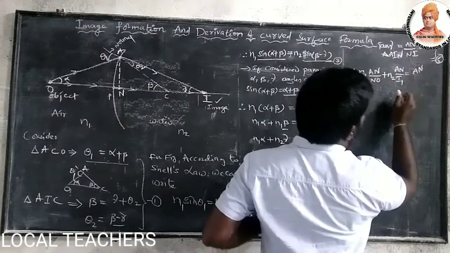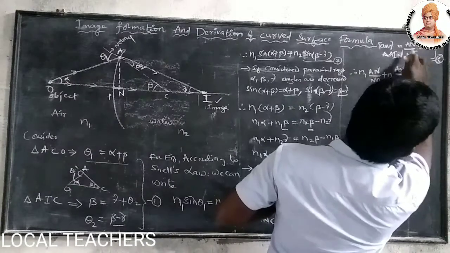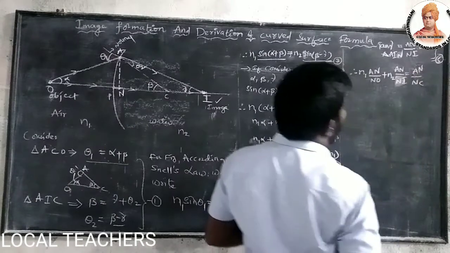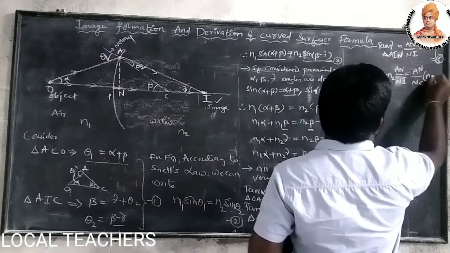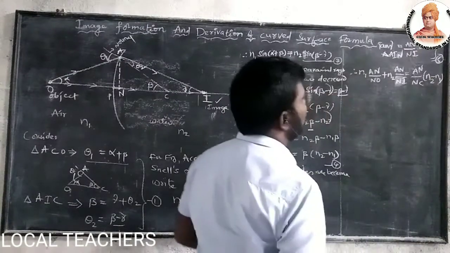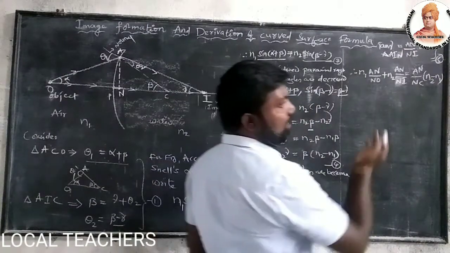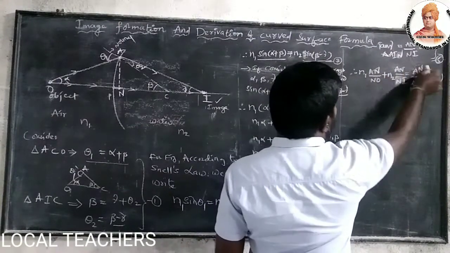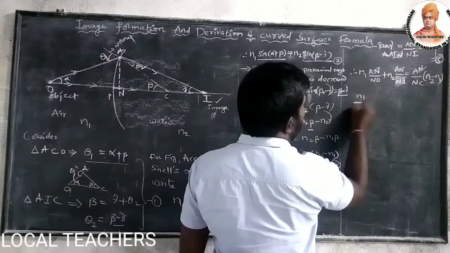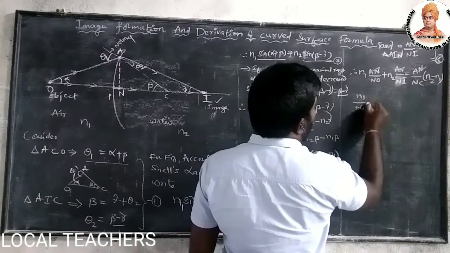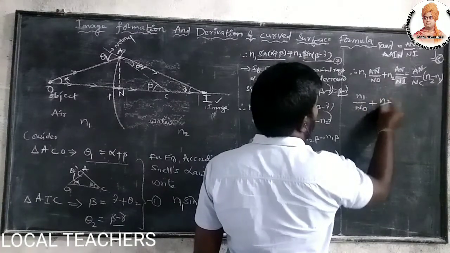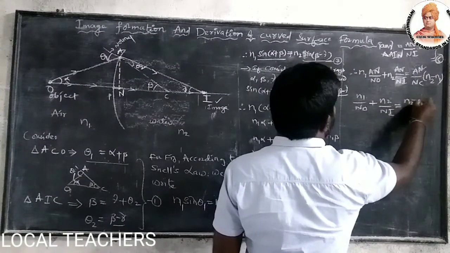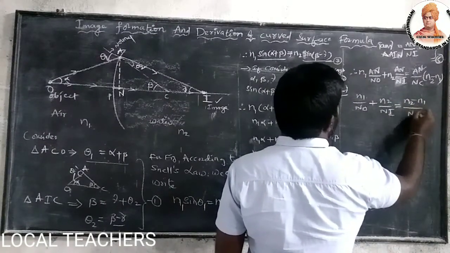So AN by NI equals (n2 minus n1) AN by NC. Here AN is common for the left hand side as well as the right hand side, so I will cancel this AN. I can write n1 by NO plus n2 by NI, that equals (n2 minus n1) by NC.